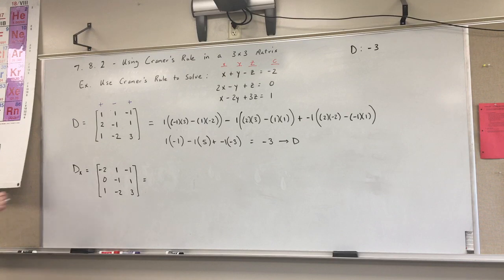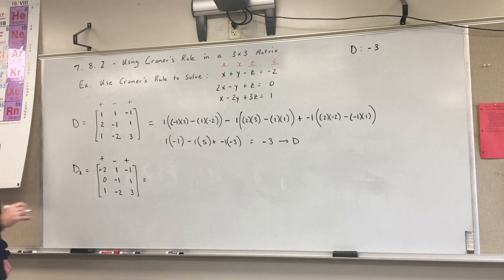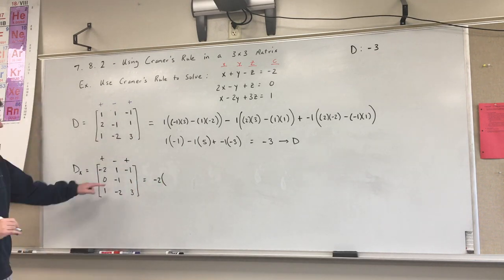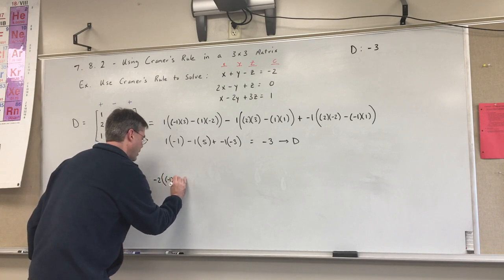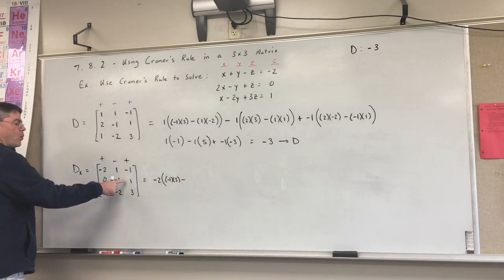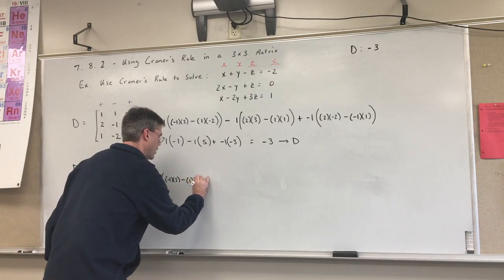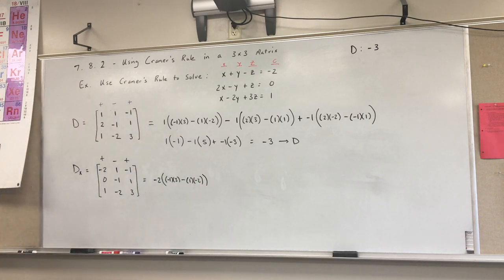Okay, I'm going to use that row column method. So we've got a plus, minus, plus. So we'd have -2 times -1 times 3 minus 1 times negative 2. Okay, so that's our first.